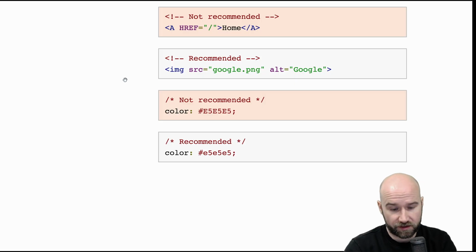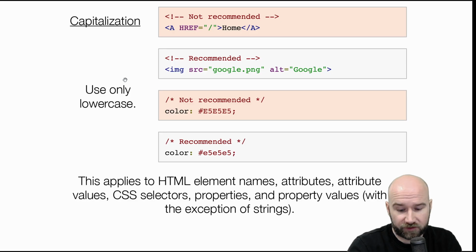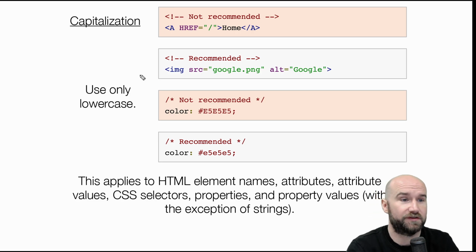So what's not recommended here, from a capitalization perspective, is that we don't want to use capitals for the names of our tags. We don't want to use capitals for the names of our attributes. We want to do something like the below here.